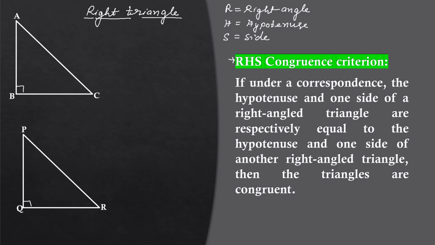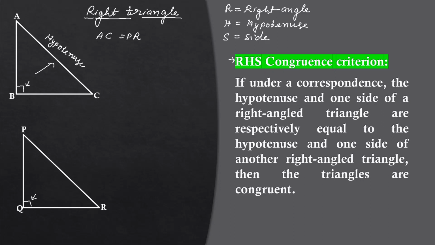For showing that they are congruent, for a right angle triangle, one angle is already 90°, so they have to have a right angle. Other than that, if you know that the side AC is equal to PR, we know that the side which is just opposite to 90° is always considered as hypotenuse. So for triangle ABC, AC is hypotenuse. For triangle PQR, PR is hypotenuse.